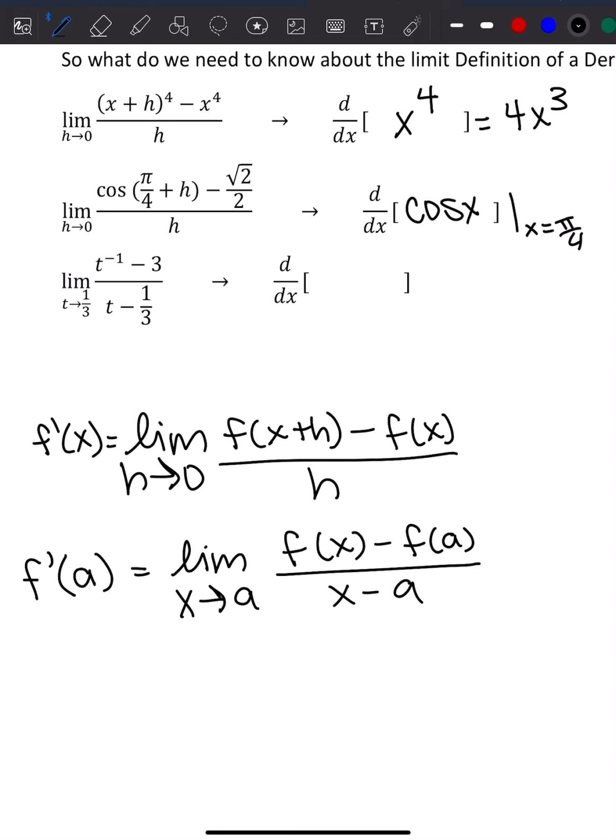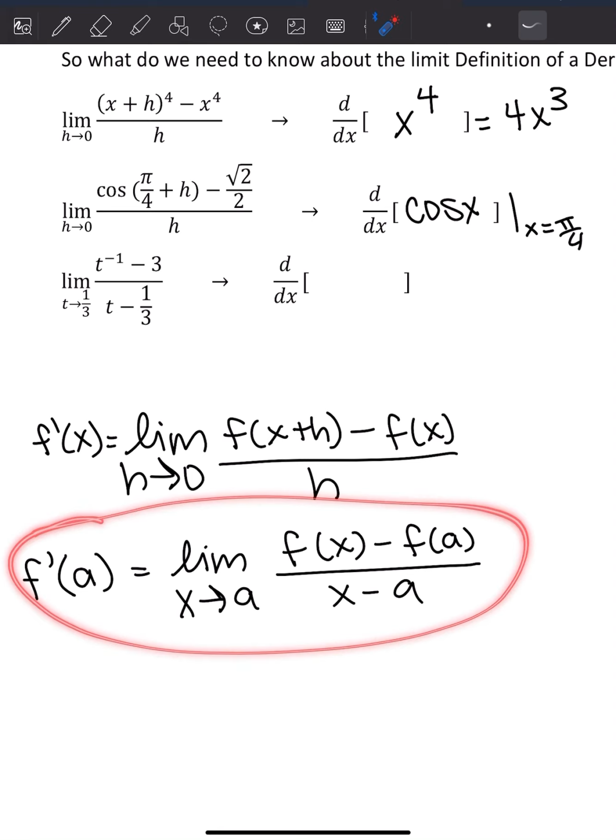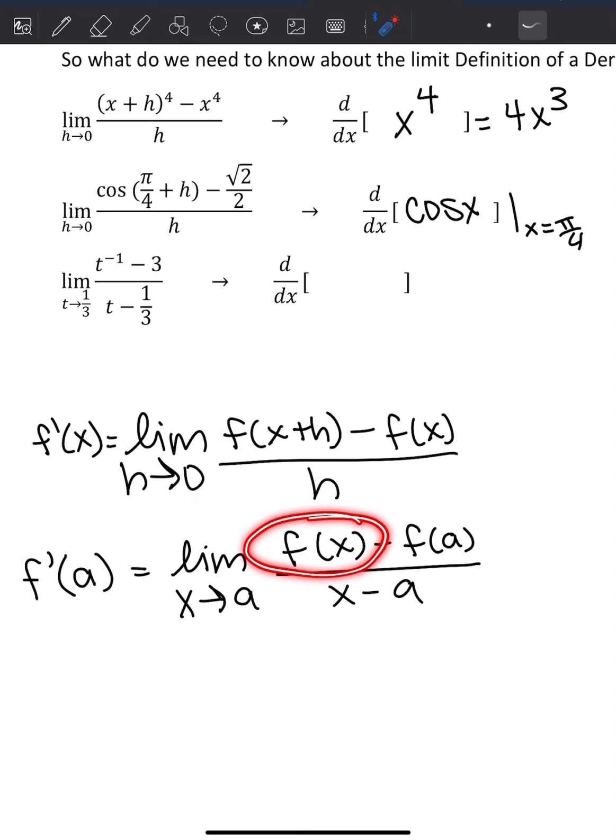Okay, our last one here is t approaching 1/3, and it has a very specific kind of setup. So what we're looking at is this one right here. f of x is the very first thing here, which happens to be t to the negative first power. So t to the negative first power, which is the same thing as 1 over t, is what we are solving.